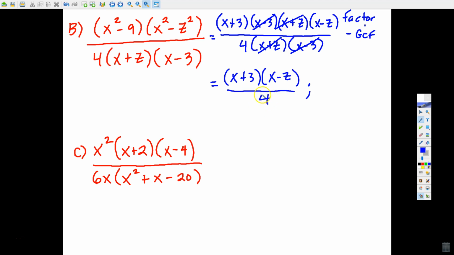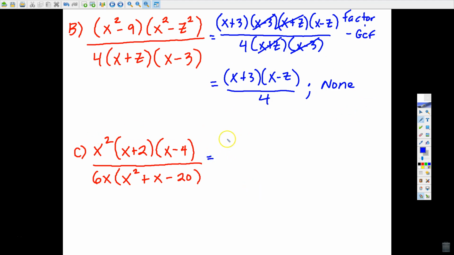Well, there's never a case where this particular answer will be undefined because 4 is a constant. It remains 4. There is no variable down here that can change the value of 4. And since 4 can never be 0, there isn't an occasion that would cause this to be undefined. So that ends up being my answer for problem B.